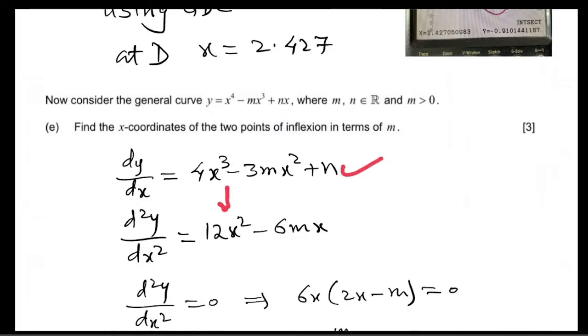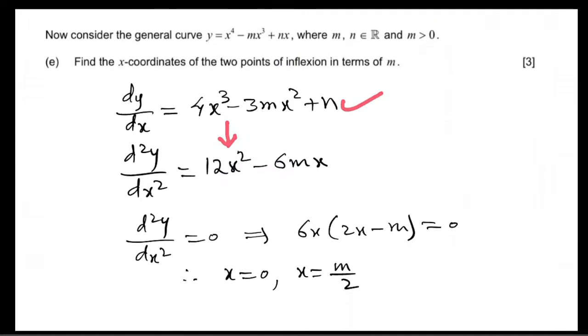Then again we will differentiate it. So the second derivative d2y by dx square will be 4 times 3, 12x square, minus 3 times 2, 6mx, and n will become 0, right? Now, at the points of inflection, d2y by dx square will be 0.